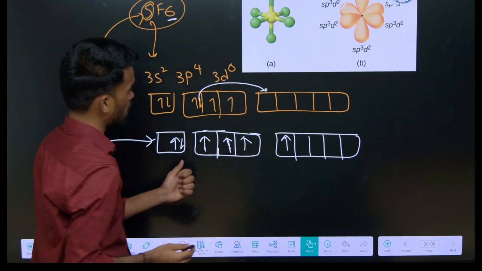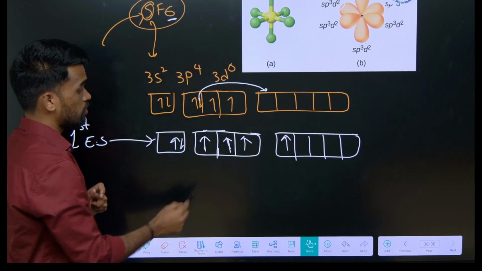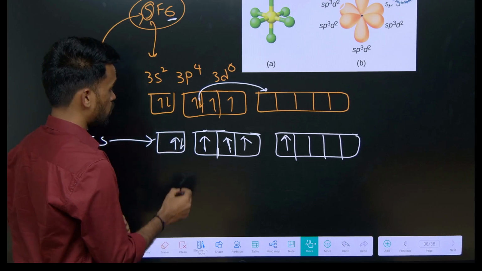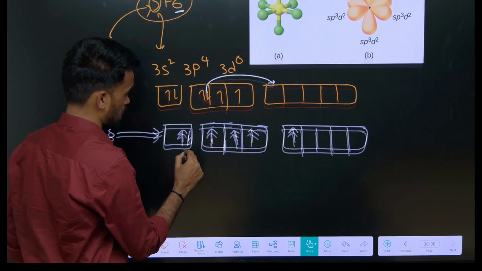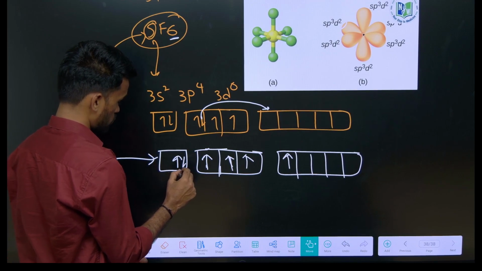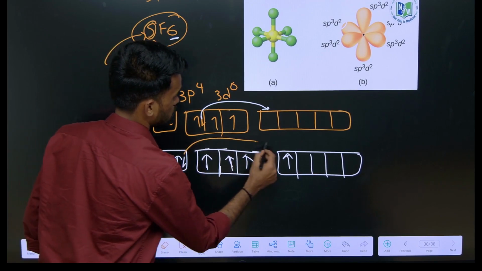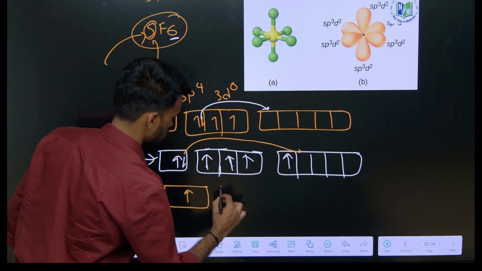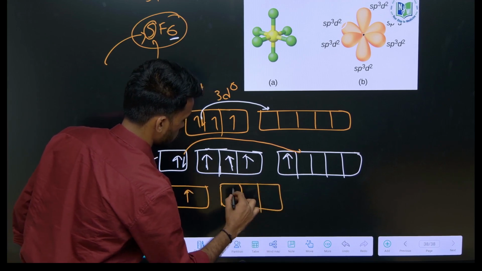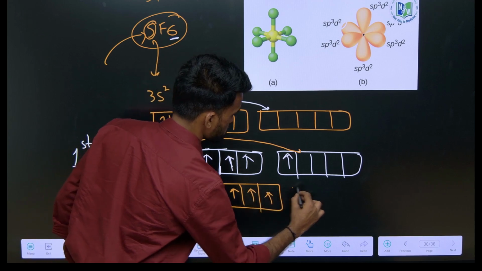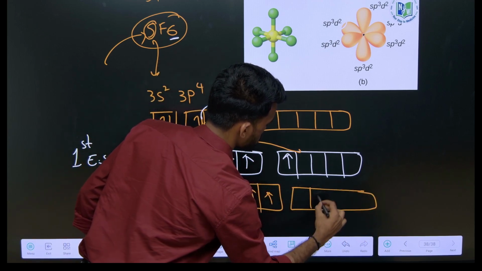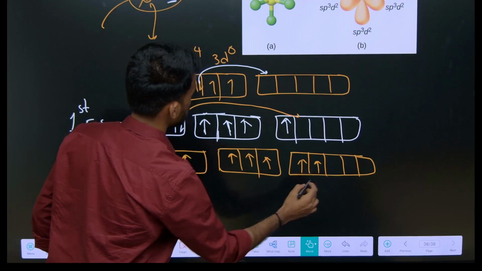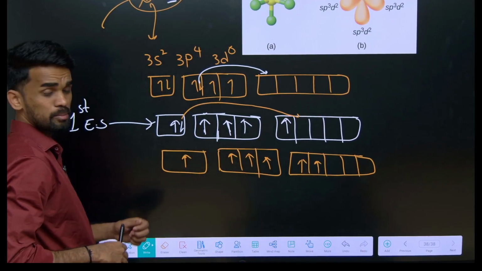Similarly, see how many electrons are available now? 1, 2, 3, 4. But we require 6 bonds to make the molecule. Now we have one more chance to excite an electron from the s orbital to a d orbital, from here to here. Okay, so now check how many hybrid orbitals are there.